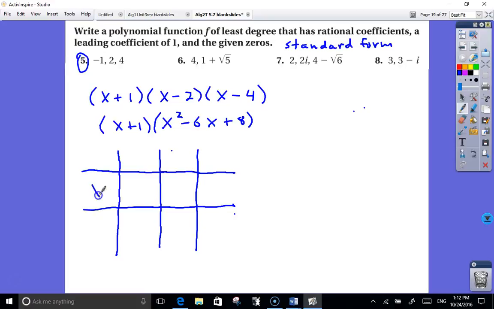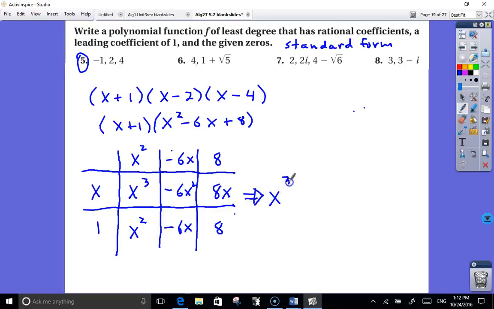Okay, so that's x plus 1 and x squared minus 6x plus 8. So just fill in the grid. X to the third minus 6x squared, 8x, x squared, negative 6x, and 8. So all that together gives us x to the third minus 5x squared plus 2x plus 8.